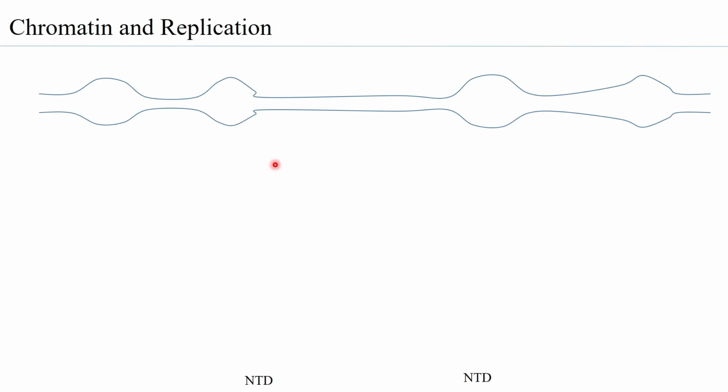In such a scenario, if a replicator is present at the nucleosome region and the ORC does not get access, then that origin does not open at all. That is possible.